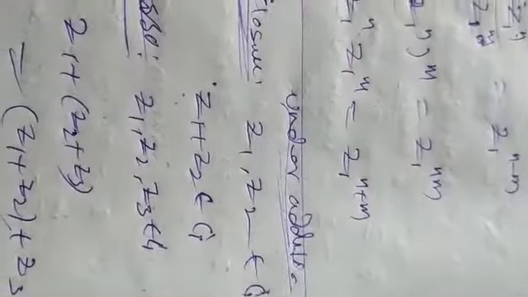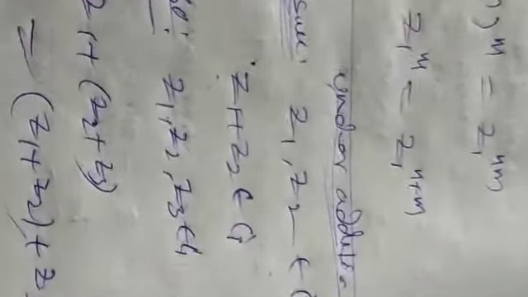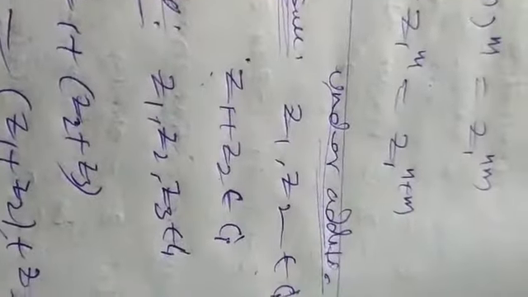These are the properties of complex numbers under addition. So complex numbers satisfy all these properties under addition, and they satisfy the laws of indices. Using this, solve the next exercise problems.